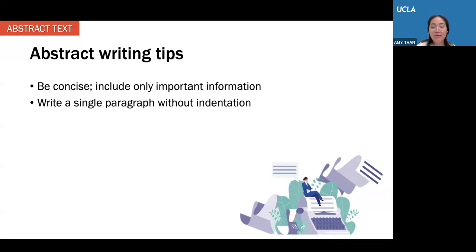Write a single paragraph without indentation. Use past tense and active voice. And I don't think I've mentioned it, but active voice essentially means that you are talking as if you did the work.